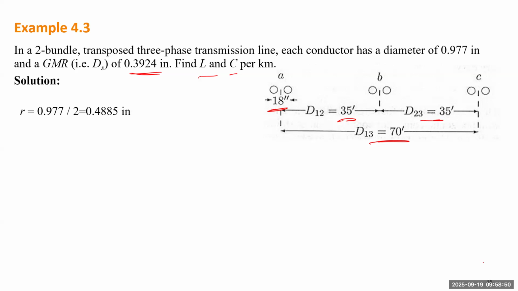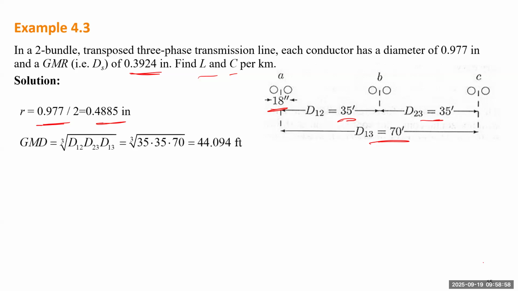So the actual radius of each conductor will be the diameter divided by 2, which is 0.48 inch. For GMD, you just need to consider this distance, that distance, and this distance, right? So the average will be 44.094 feet.